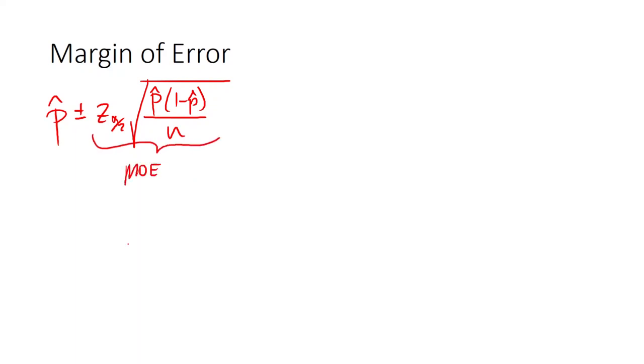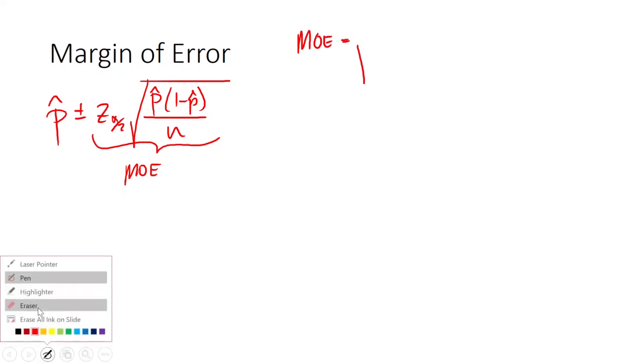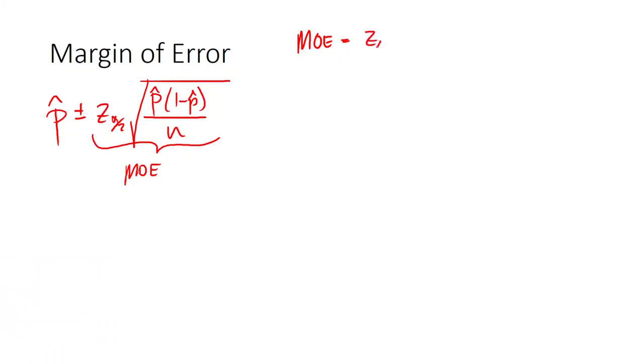I'll just call it MOE. The margin of error is equal to the z value times the square root of p hat times 1 minus p hat, all over n. So could we take that equation and solve for n?